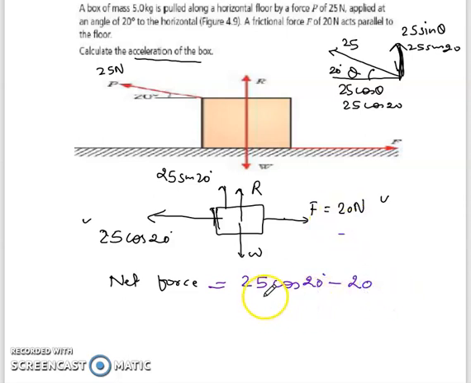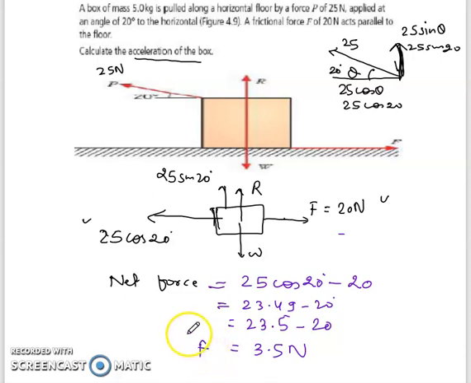So I'm going to calculate 25 into cos 20 degrees, which is 23.49, minus 20. I'm just rounding up, 23.5 minus 20, which is 3.5 Newton. So this is the net force acting on the object.